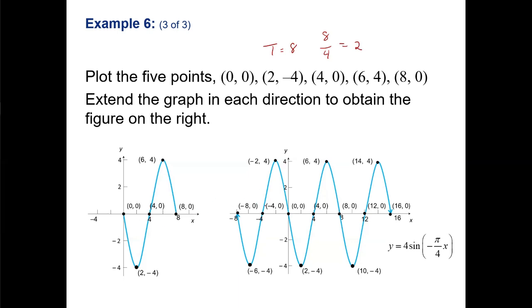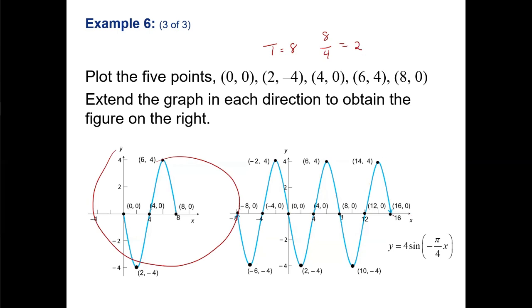So for instance, we know here is 0, and if I go back by T/4, -2 is the key point that precedes 0, 0, so -2, 4. And then if I go forward by 2, I know that 2, -4, and so on. So that makes it a little bit easier once we've got this piece done to go in either direction and calculate, and we know where it'll be.